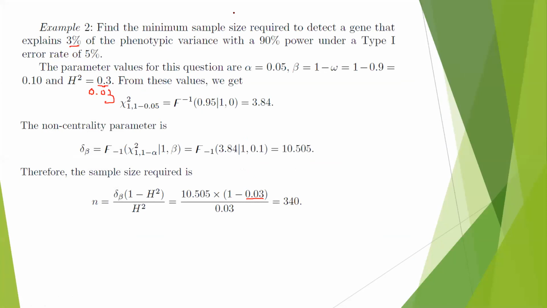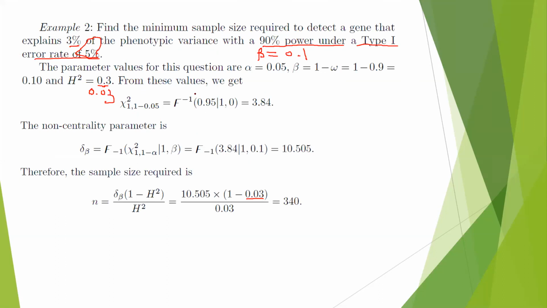Now here, the heritability equals 3%, and we want to achieve the power of this, and the type 1 error is 5%. That's the normal thing we're going to use. So the 90% power will translate to beta equals what? 0.1, right? Yes, okay.